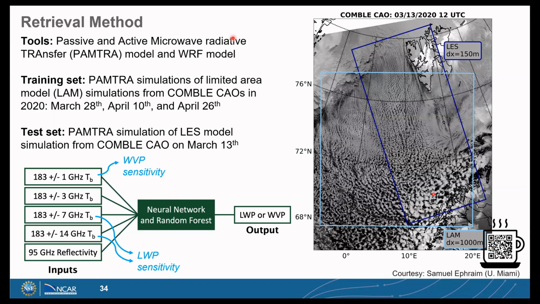So really what's nice about this is we're interested in the responses between the cloud fields and the water vapor fields and what the forward simulator says. And we're not so worried about whether the model is getting the clouds correct. That's what's nice about this problem, right? So he takes the inputs, which are really the forward simulated outputs, runs them through his machine learning algorithms, and gets a predicted liquid water path and water vapor path.